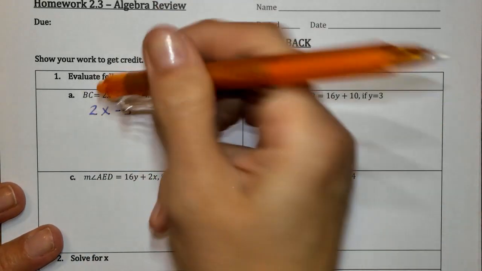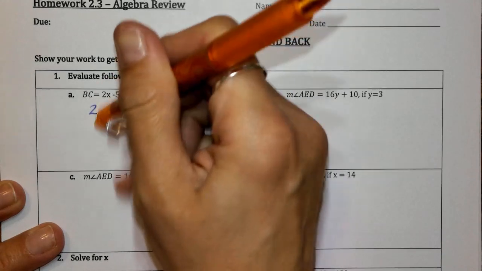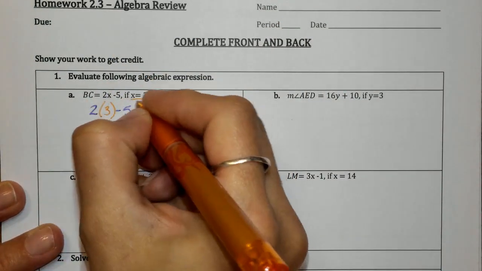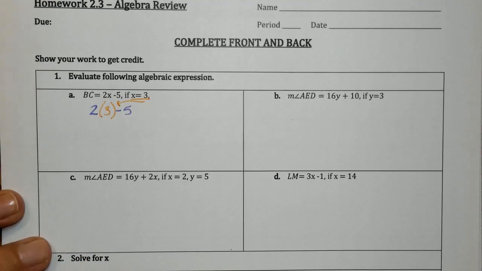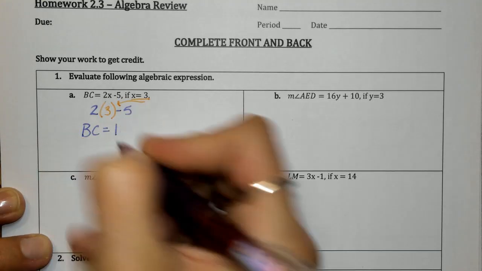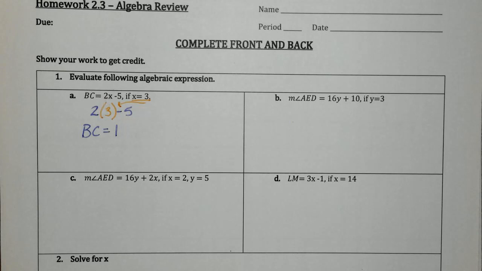We're literally going to remove x and plug in what x is, that 3. And now all we have to do is solve through this, and we're going to find out that BC is going to end up being 1.